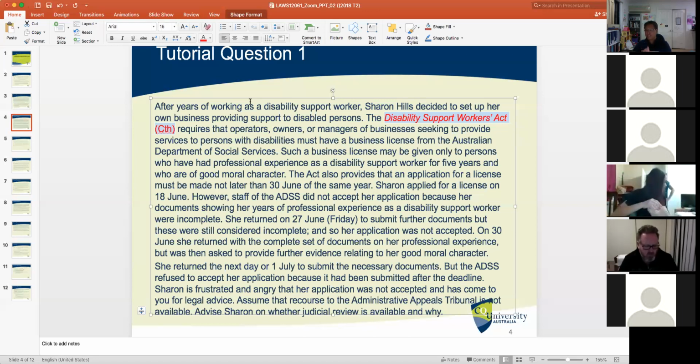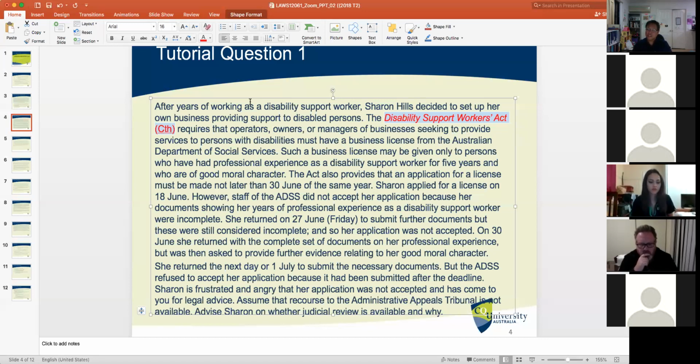Under the enactment, because in that particular instance, Josh, if the ADSS staff had turned down or had refused to accept the application because, according to her, it was submitted late, that staff member would still have made that decision on the basis of the Disability Support Workers Act. It was her interpretation of the act.